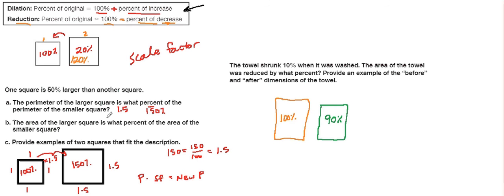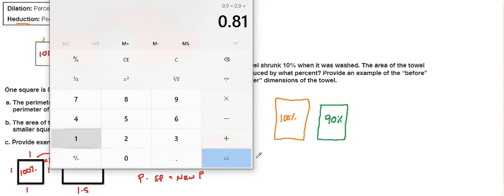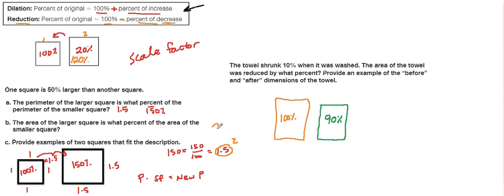Now in letter B, it asks area. The trick with area, because it's in 2 dimensions, is just take the scale factor and square it for 2 dimensions. So if 150% is the percent of the original in the dilation, 1.5 is the scale factor, and then 1.5 squared, which I think is 2.25, is the scale factor for the area in 2 dimensions there.